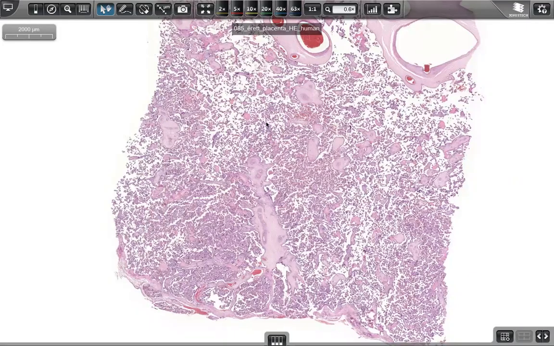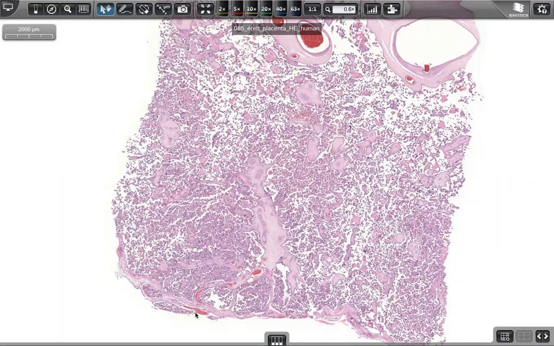The rest of the villi, the majority of the villi, are free villi. So you know, the villi eventually look like a tree. There are long structures, long villi reaching the maternal side, and there are free villi, the shorter ones.